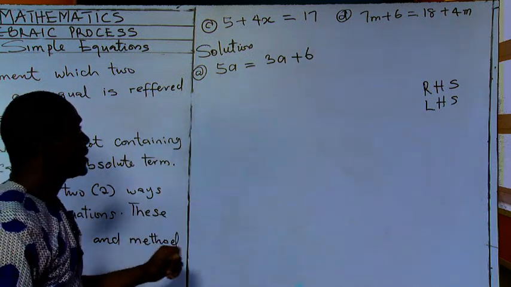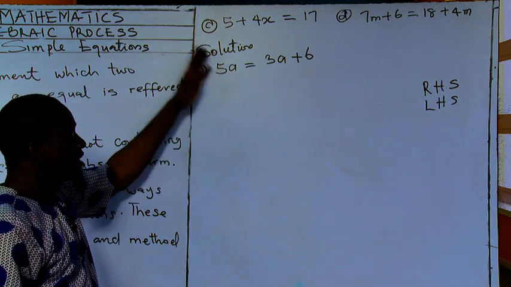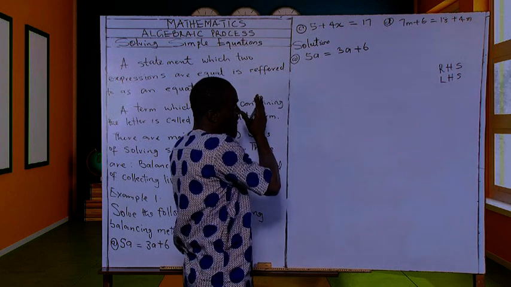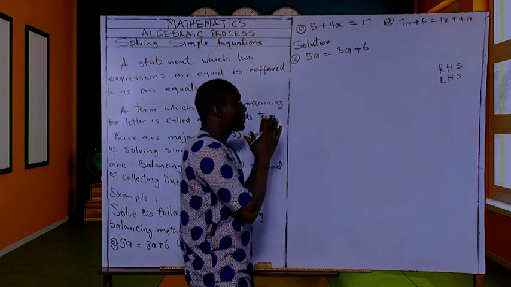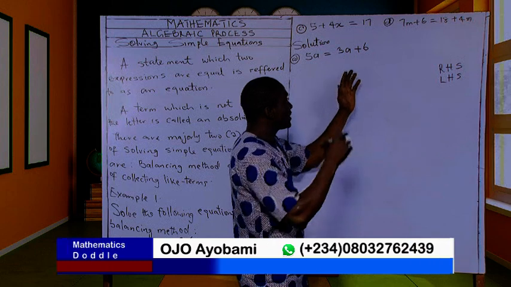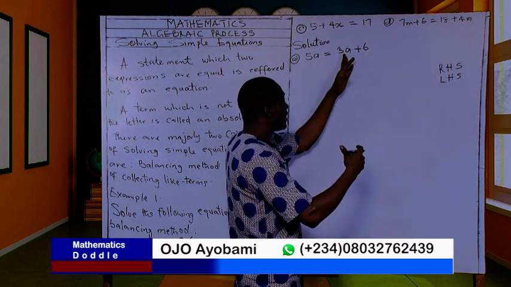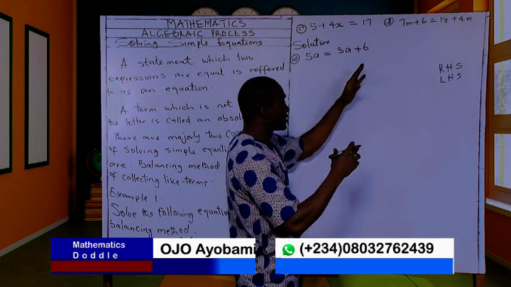At the LHS, the left hand side, we have the expression 5a standing alone. At the RHS, the right hand side, we have the expression 3a plus 6.